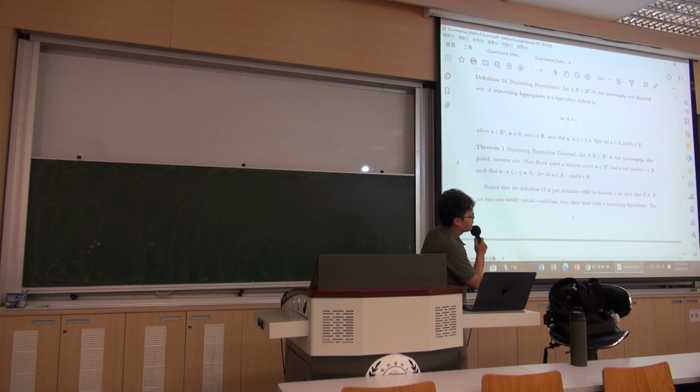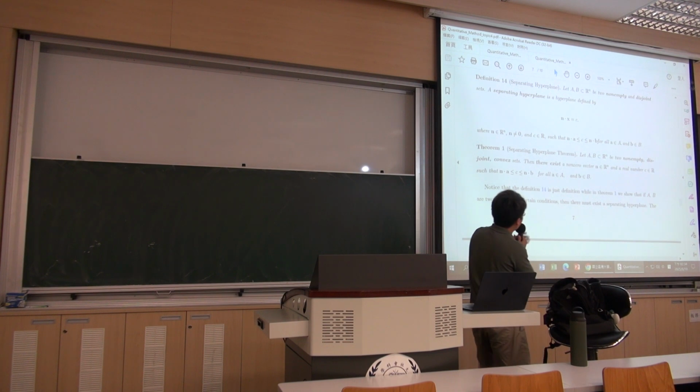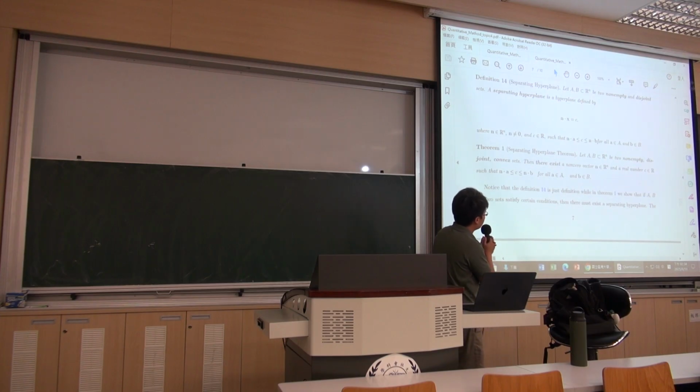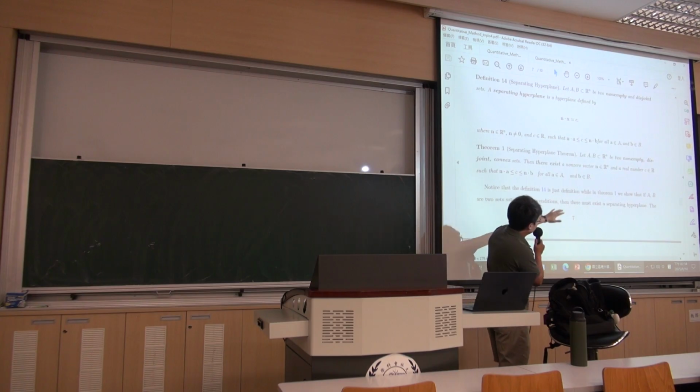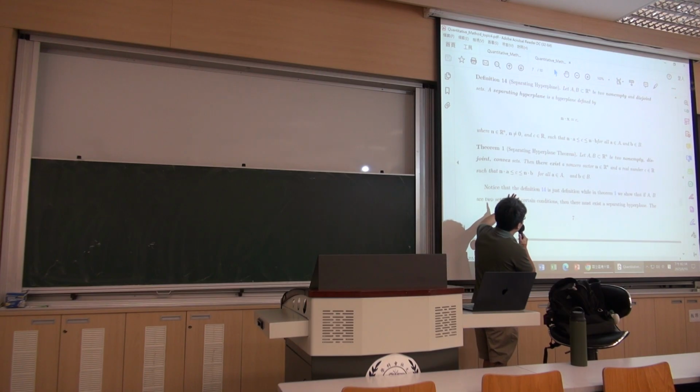So what is this theorem about? Suppose that we have two non-empty, disjoint, convex sets A and B. Then there exists a non-zero vector n and a real number c, such that for all the points you pick in the set A, you plug that into the hyperplane, the number is always smaller than or equal to c, and for B it must be greater than c.